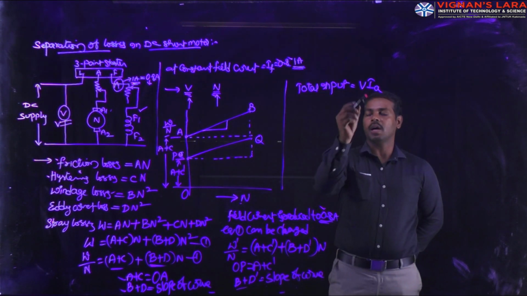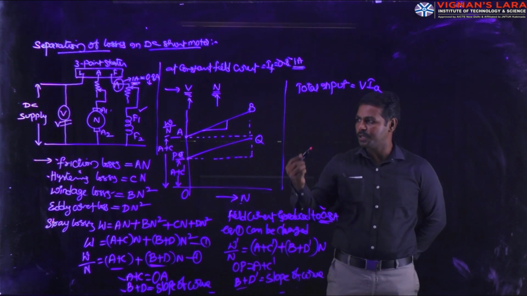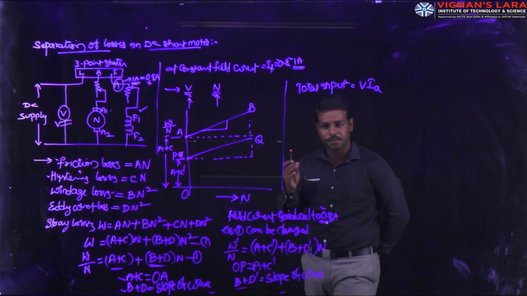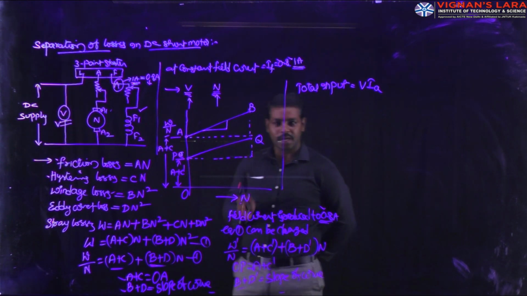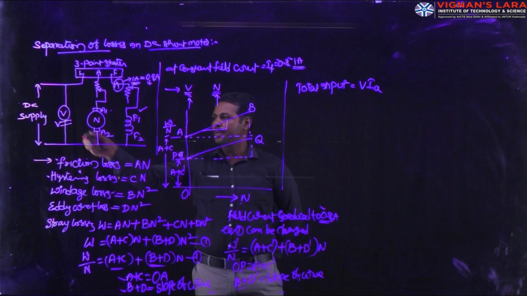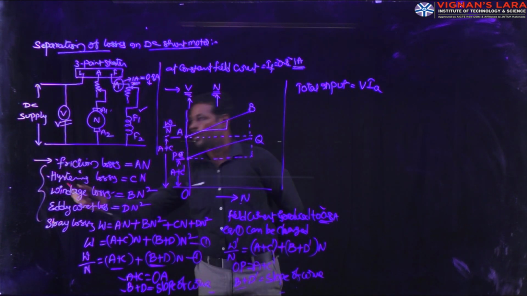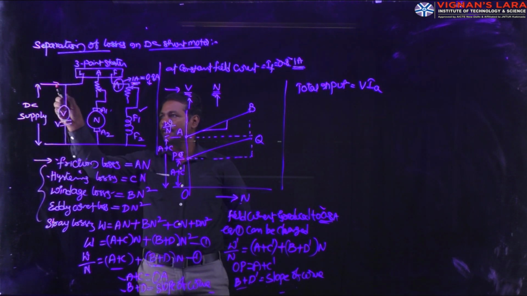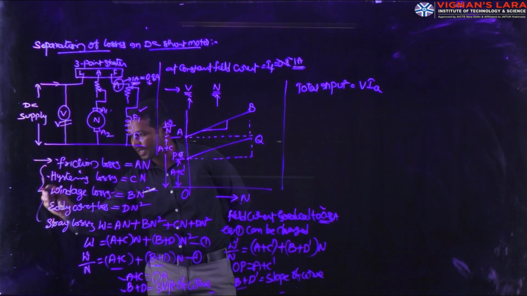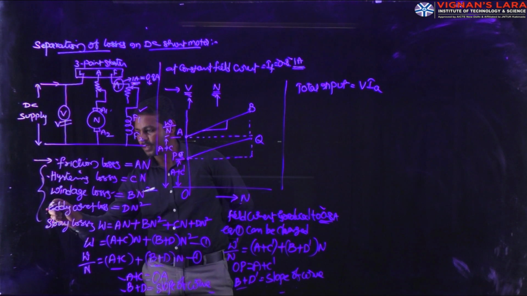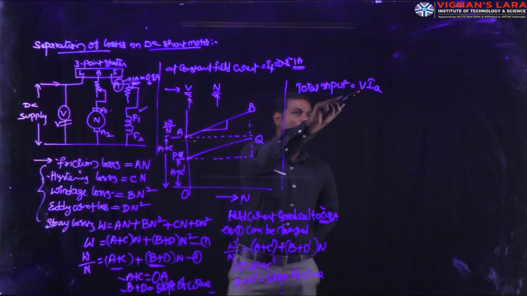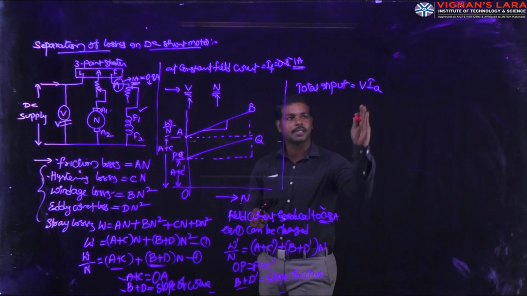Whatever voltage and current is drawn from the supply is utilized to overcome the losses existing in the motor. That means four types of losses. So voltage into current must be equal to total losses in the machine.